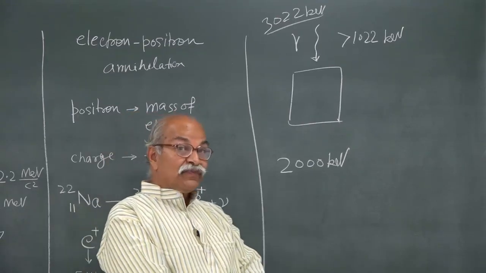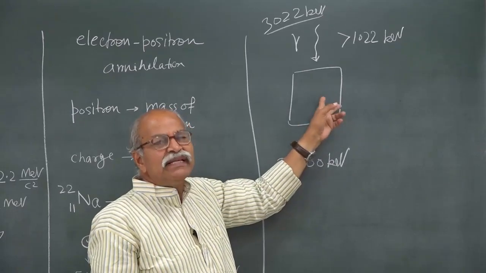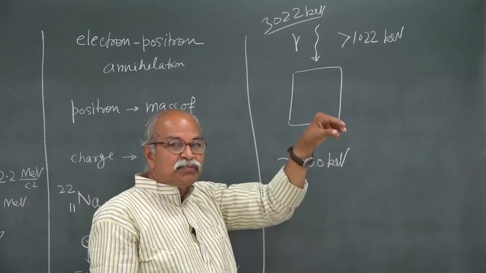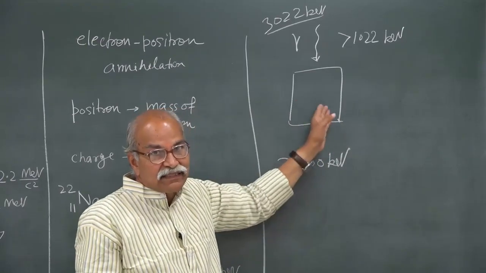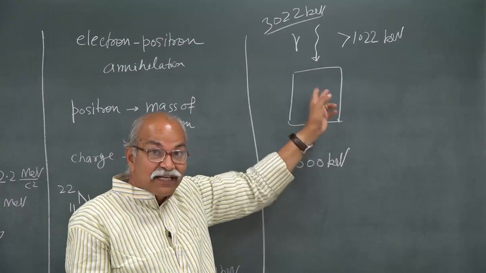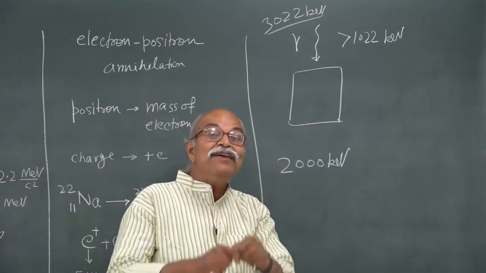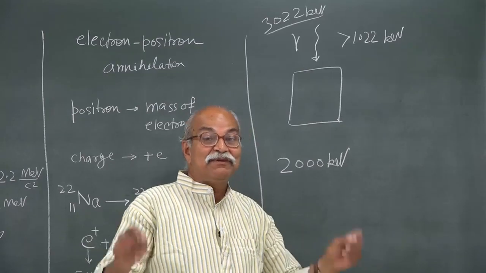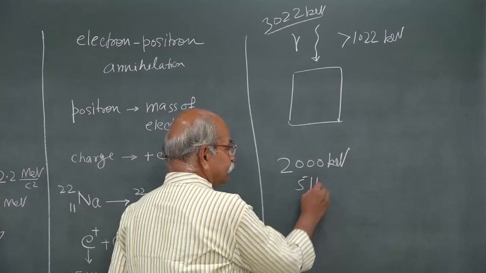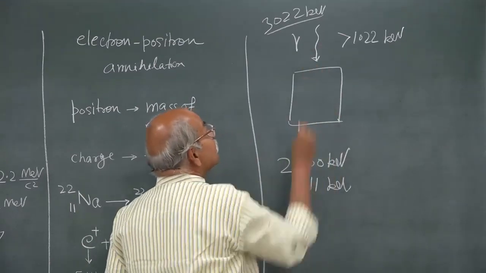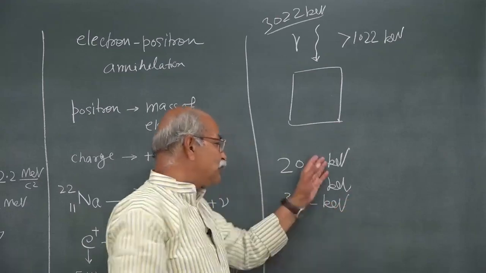The electrons and positrons created here will be moving in some direction, and the positron will ultimately meet some electron of the detecting material, and they will annihilate each other, and 511 keV gamma rays will be created and detected in the system. So, together with the 3022 keV, you also have these photons.